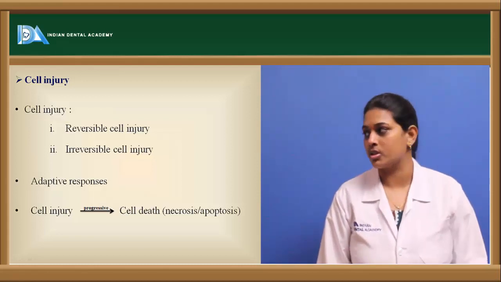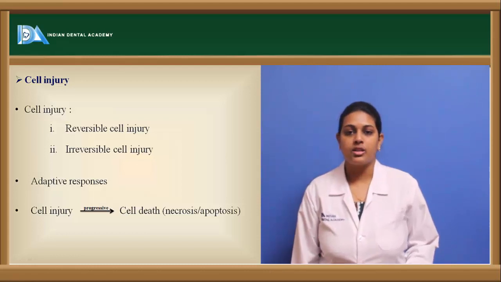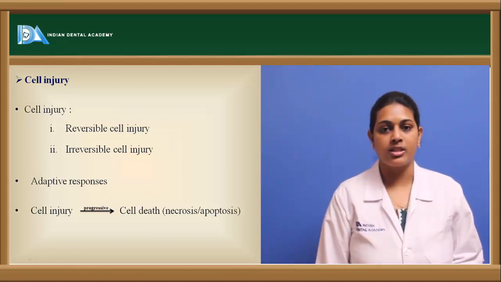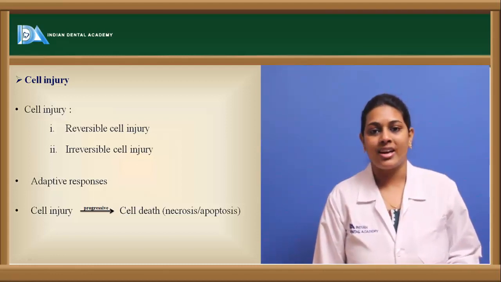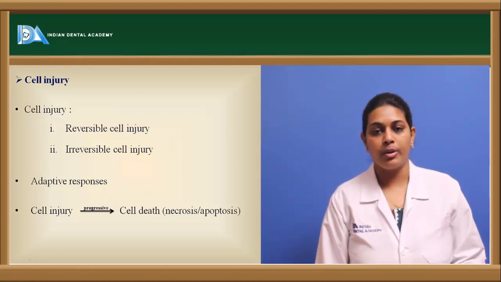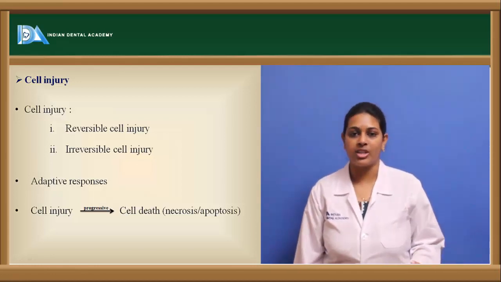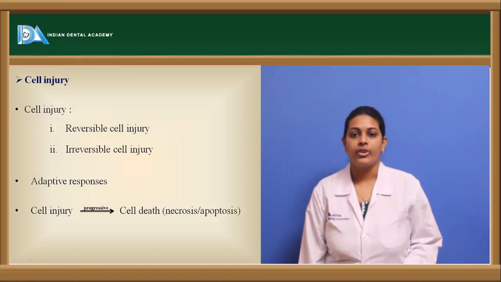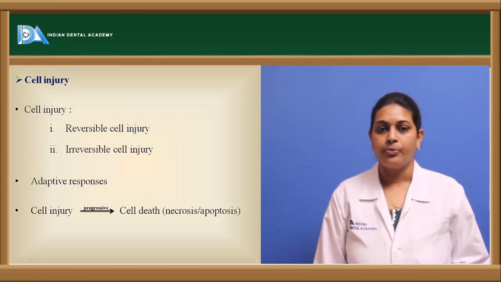necrosis or apoptosis. Coming to adaptive responses, these are the adaptive features of the normal function of the human body. When there's any injury, the human body tries to overcome this injury with the help of certain adaptive responses such as hypertrophy, hyperplasia, metaplasia or atrophy.